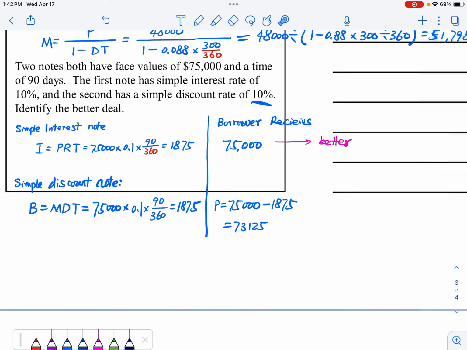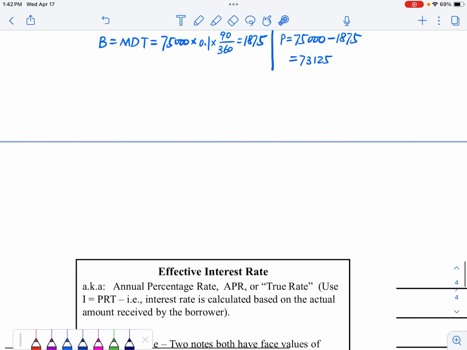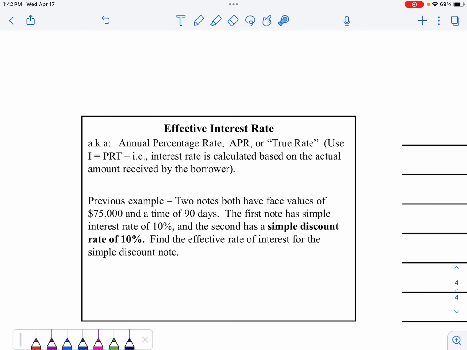Yeah, that's this particular problem. It's an interesting problem. Now we are gonna close this section by looking at the very last topic, effective interest rate, also known as annual percentage rate, APR, or true rate.